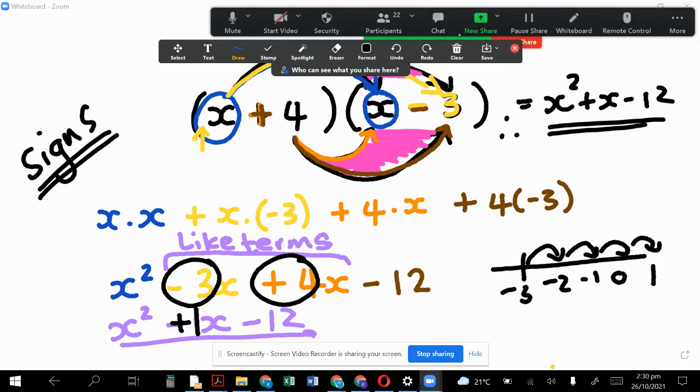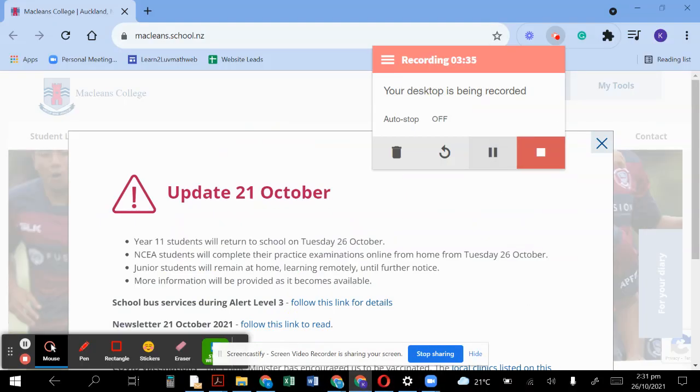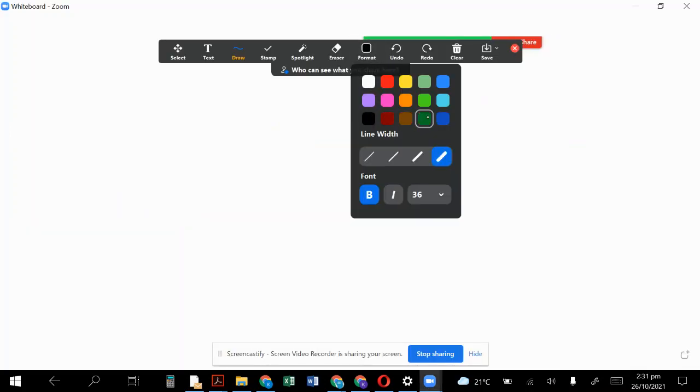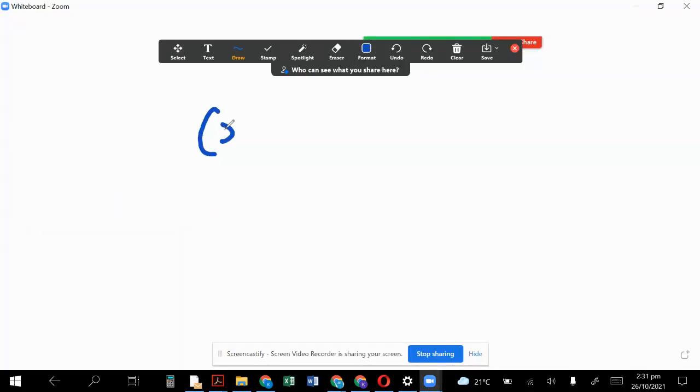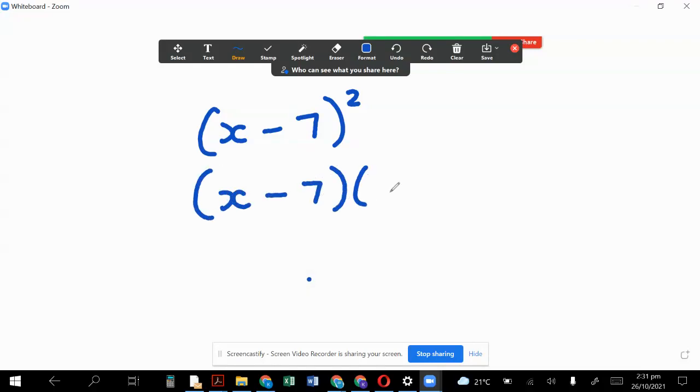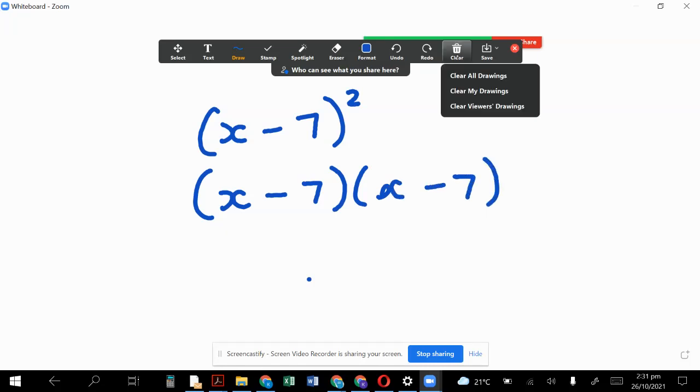Okay, let's go to the next. Okay, so I've got an example here. I've got x minus 7 squared. When you have the entire bracket squared, write it twice. And then go back to what we did previously using that same method.